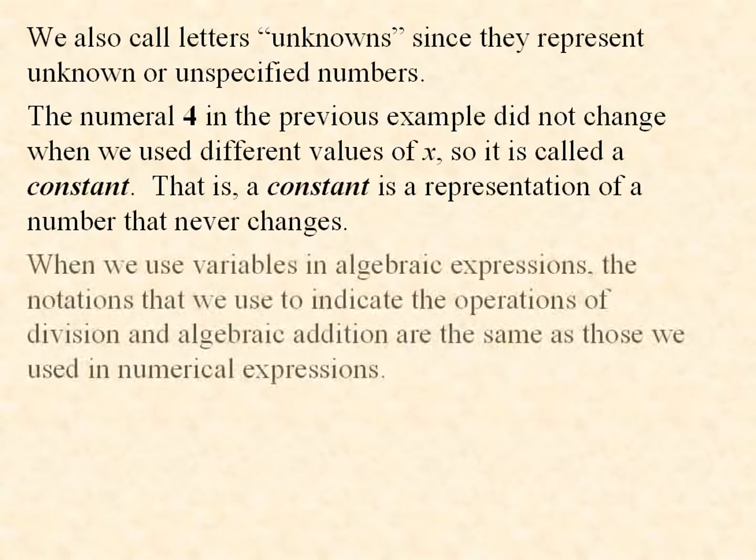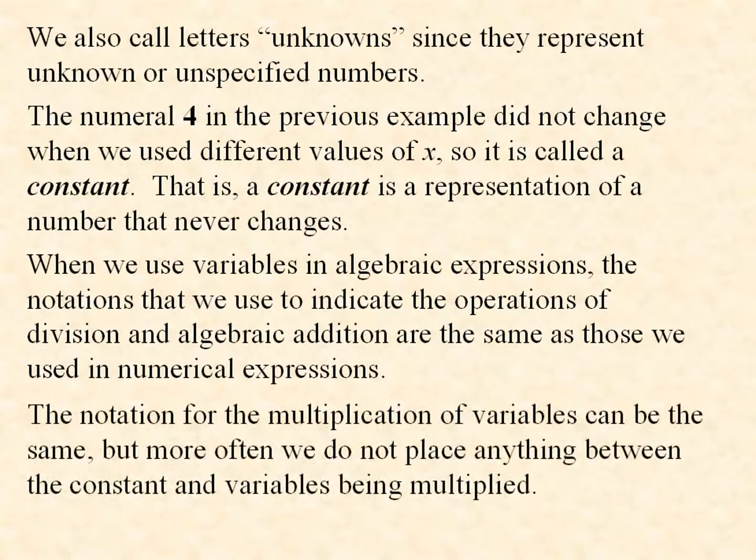When we use variables in algebraic expressions, the notations that we use to indicate the operations of division and addition are the same as those we used in numerical expressions. The notation for the multiplication of variables can be the same, but more often we do not place anything between the constant and variables being multiplied.